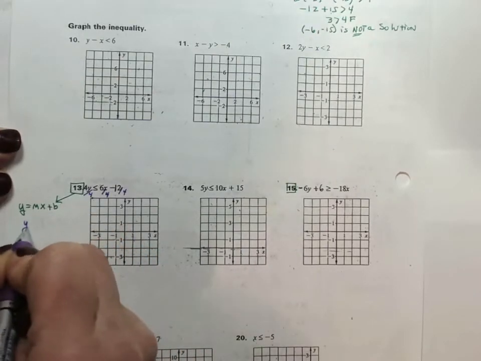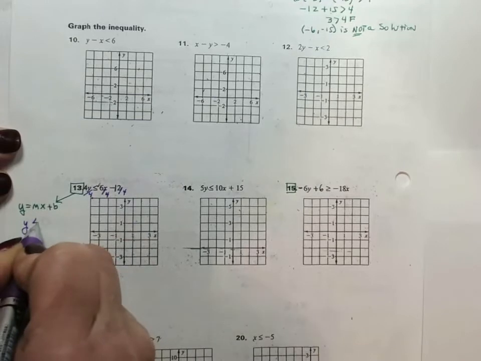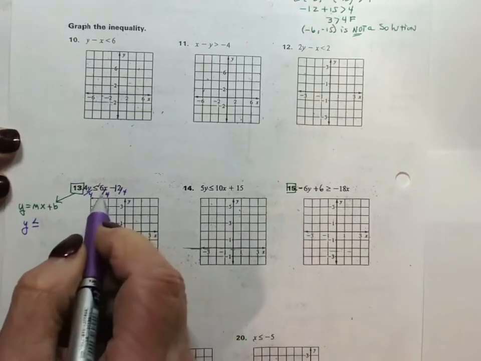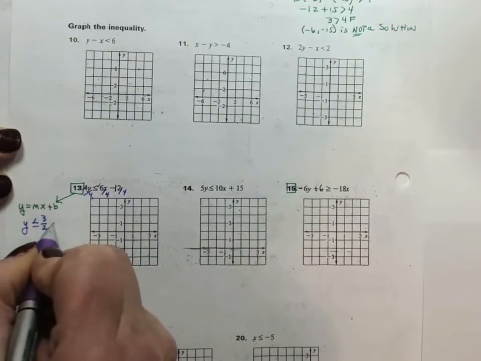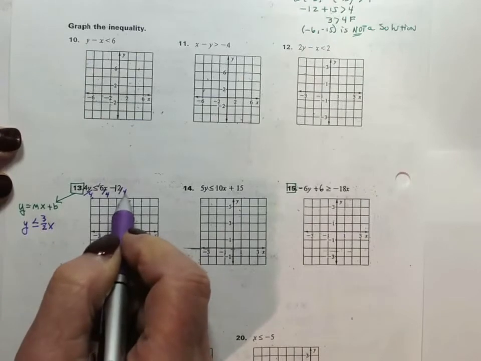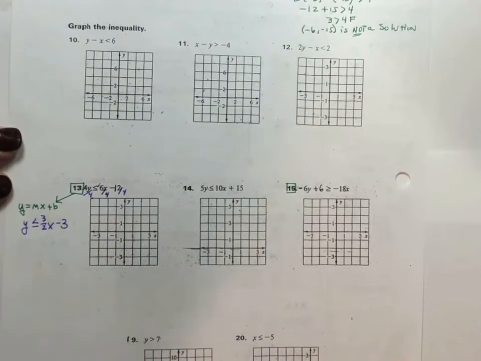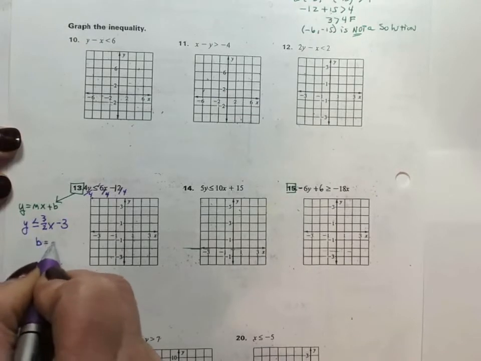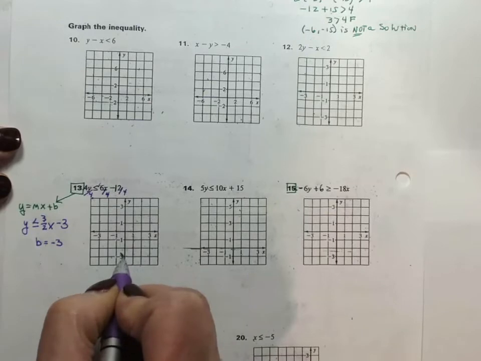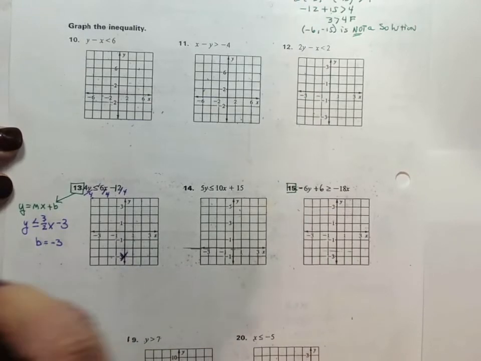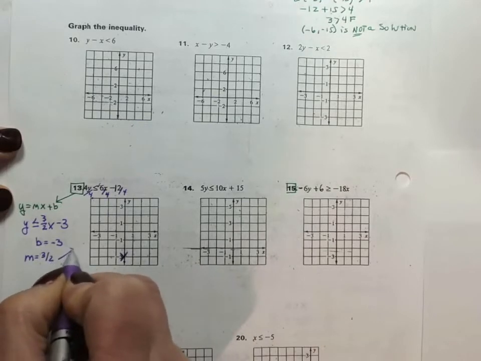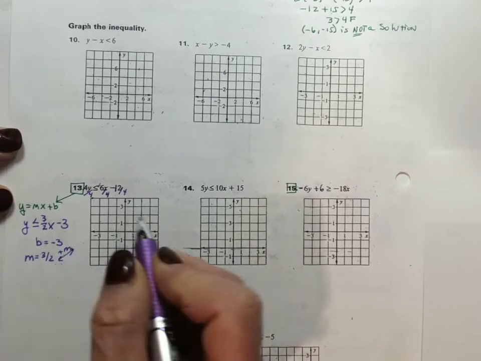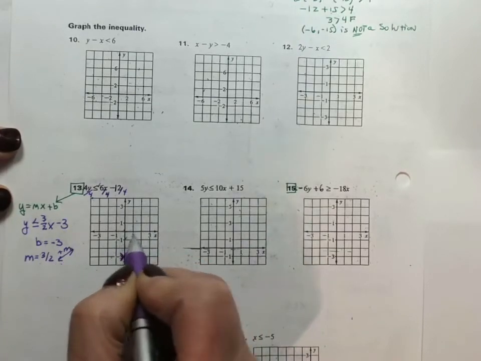So I'm going to get y less than or equal to 6 over 4, which reduces to 3 over 2 x, 12 divided by 4, minus 3. So the y-intercept is at negative 3. My slope is 3 over 2, and it better look like that because that's a positive slope. Up 1, 2, 3 over 2.